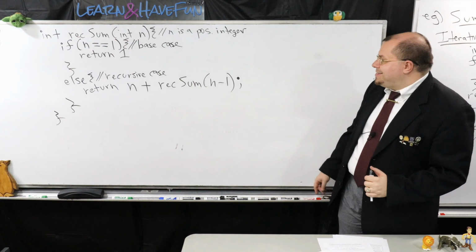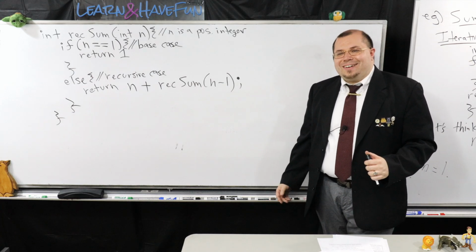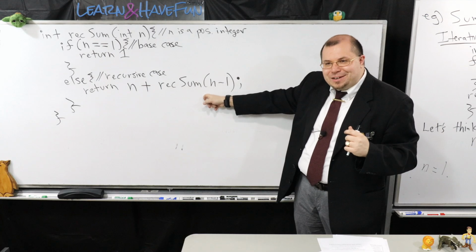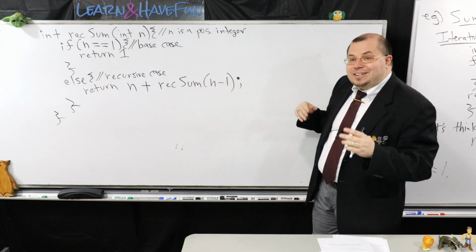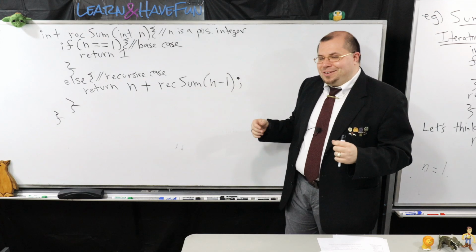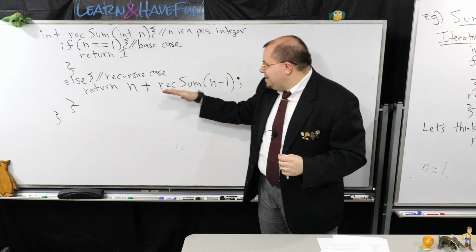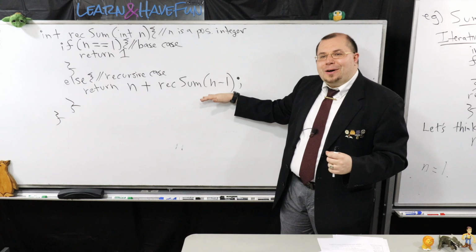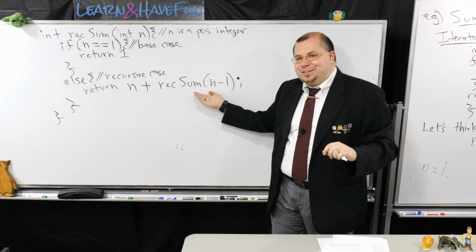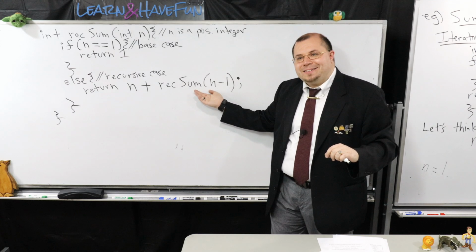So, does this look really bizarre to anybody? Notice it's the same name of the function here. Same signature. I just made the problem smaller, right? The notion here is that I have n, and I'm just going to sum up all of the other terms. So I'm just passing the buck on to this recursive sum to take care of that for me.